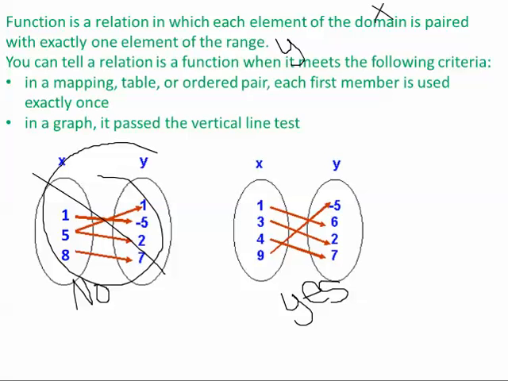All right? You might see this also in a table. If I was going to set up a table, I would have 1, -5, 5, 1, 5, 2, and 8, 7.